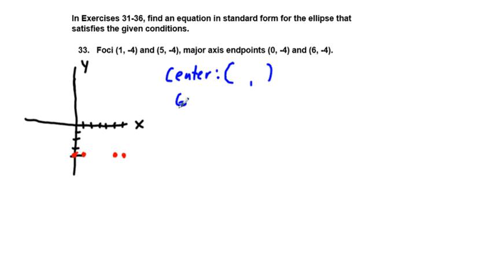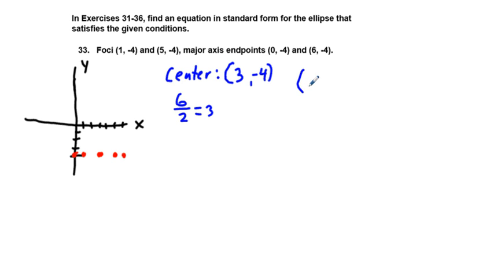Well, 6 divided by 2 is equal to 3. So our x value for our center is 3, and our y value is going to be -4, because -4 is going to be right between the endpoints, between the foci. So here we have our center here at 3, -4. That's our center.